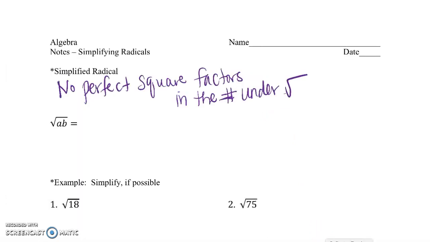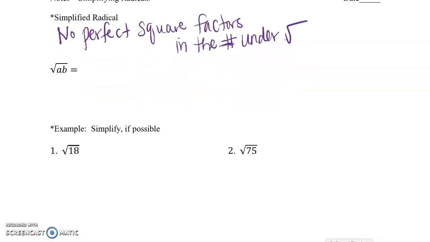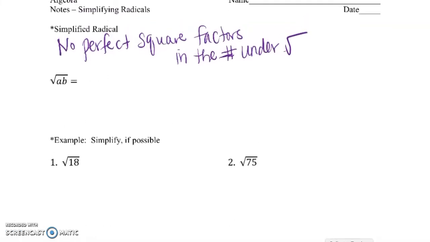Factors means it goes into, can be divided by that number. All right, so what we do is that if we have, obviously you just get a single number. So if you look down at number 1, we have the square root of 18. What you're going to do is split that into 2 numbers. And then you can take the square root of them separately.